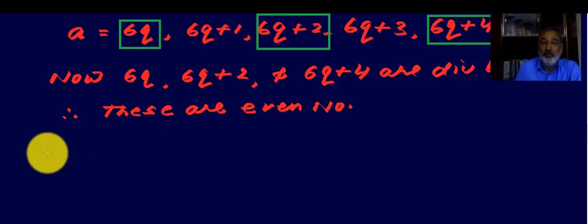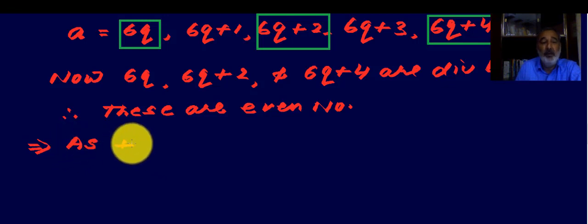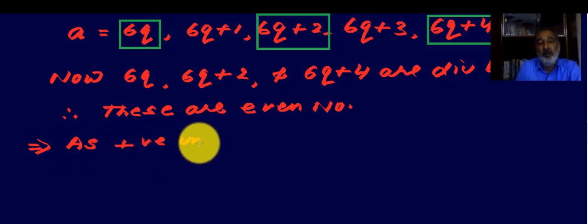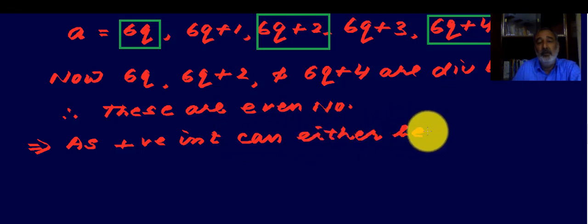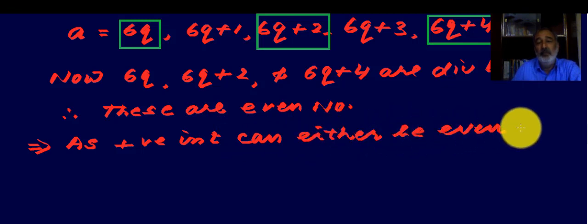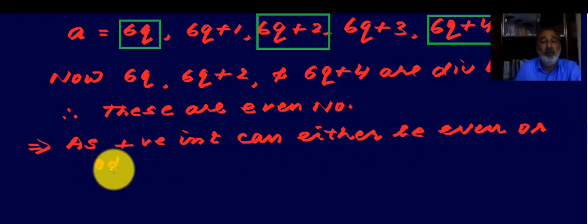Therefore, I am writing one more line here: positive integers can either be even or odd. There is no third possibility.